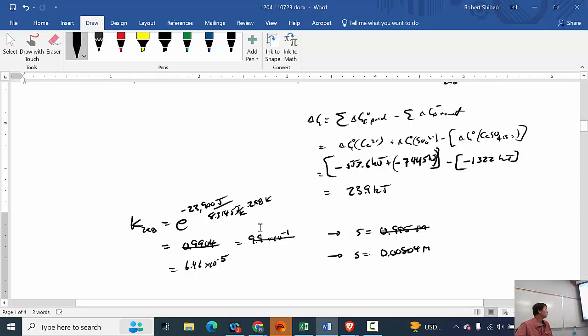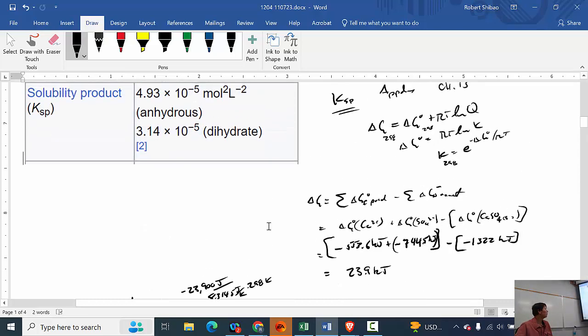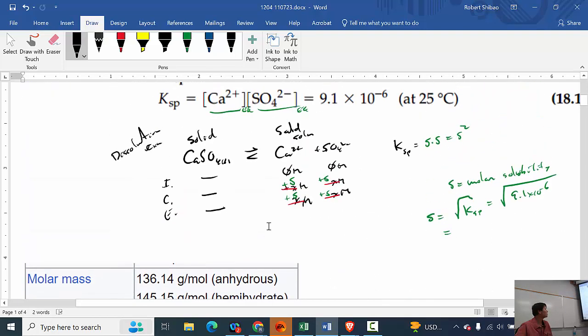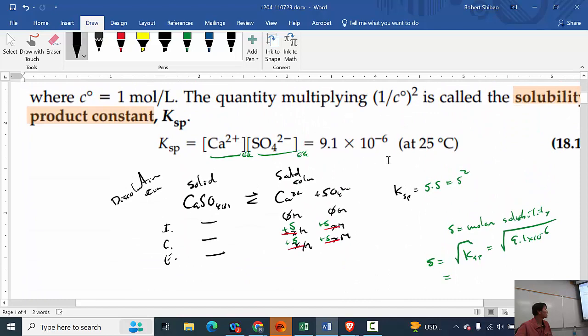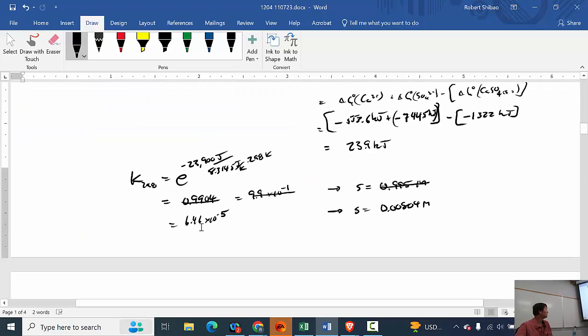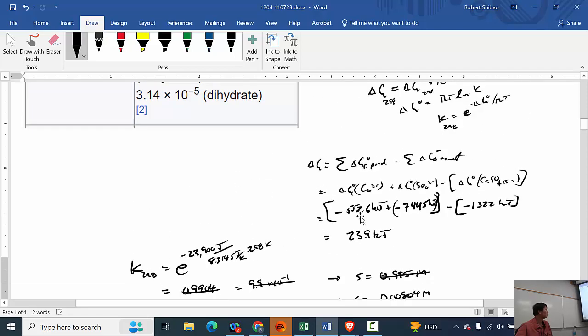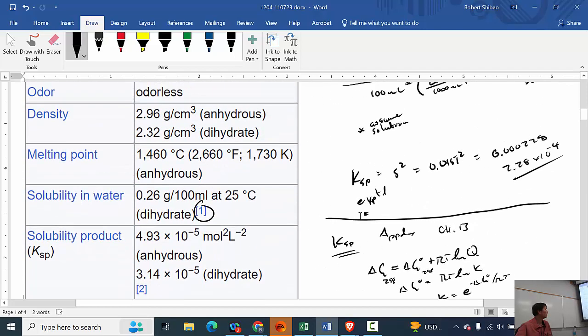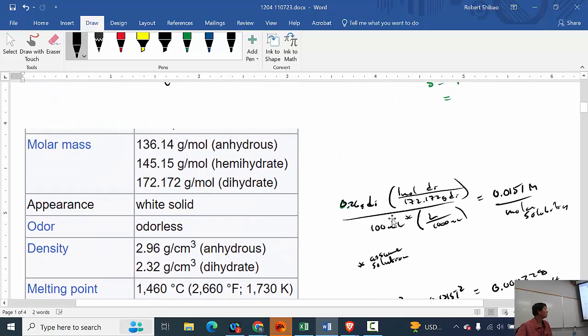3. All right, so let's compare the KSP from both: 9.1 times 10 to the minus 6. It's 6.5 times 10 to the minus 5, so it's off a bit. And the solubility, 0.08 versus 0.01, so it's off.